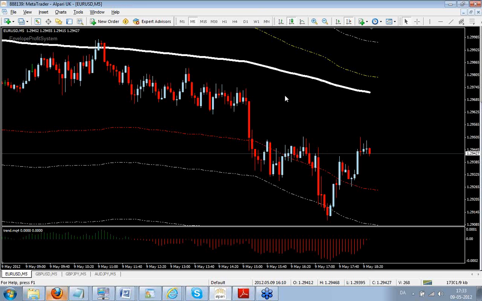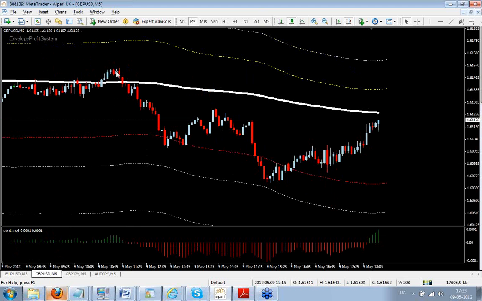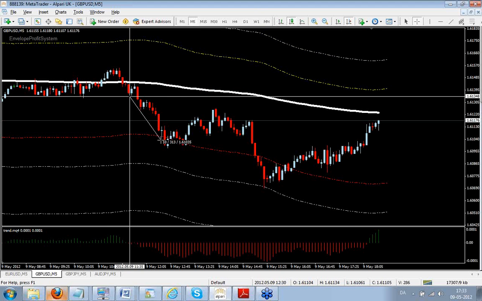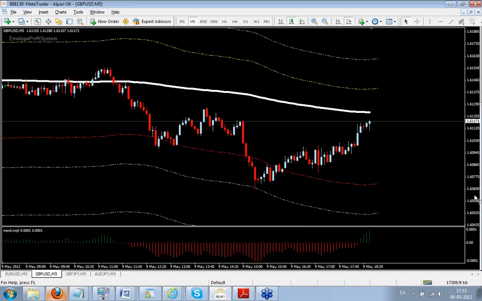So let's say you had a losing trade, do not worry, because after a losing trade always comes a winning trade, or most of the time comes a winning trade. So pound dollar this morning, one little loser, but hey, a nice big winner.